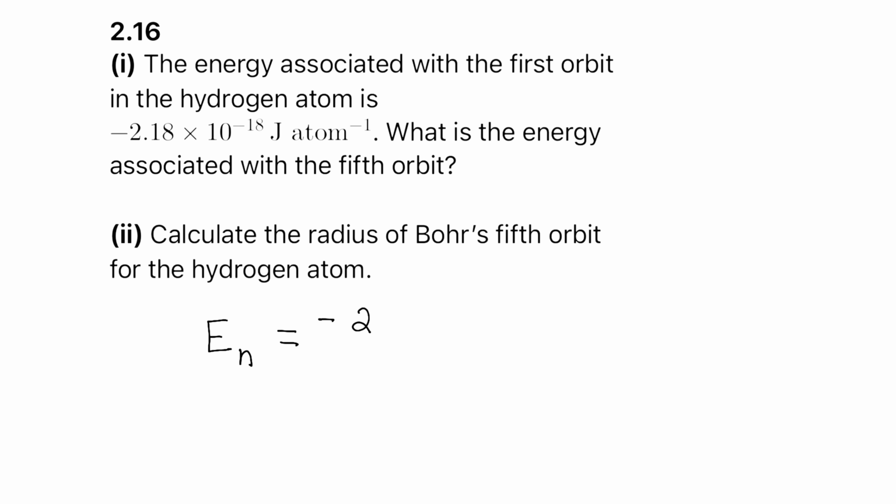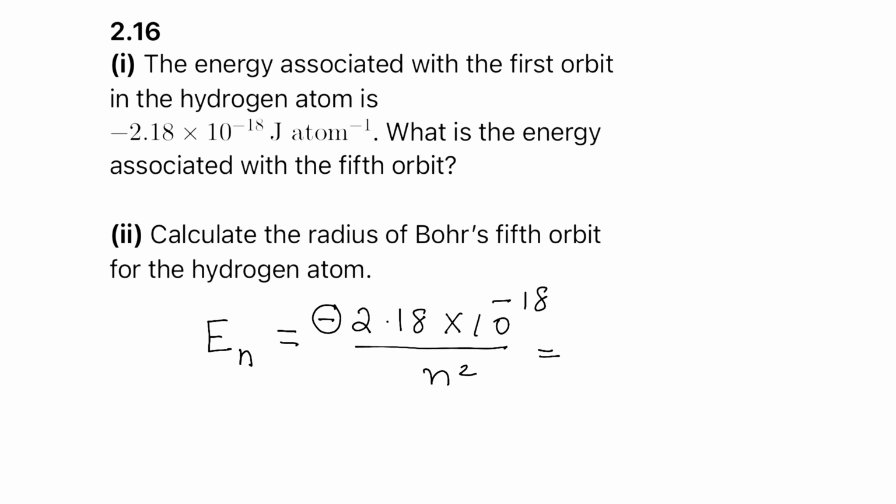So it is minus 2.18 into 10 raised to minus 18 by n square. Sometimes they ask what this minus represents. Minus represents that the electrons are bound or attracted towards the nucleus.